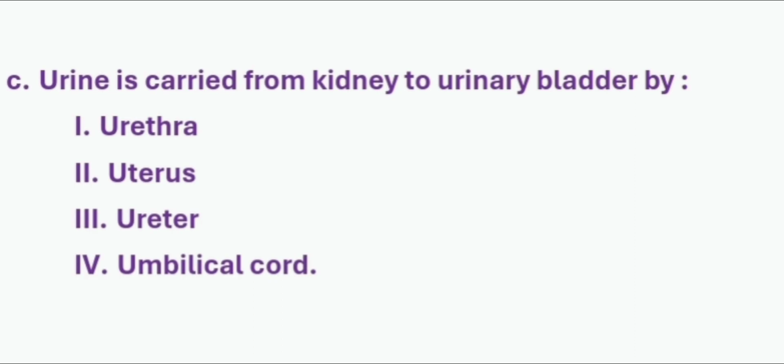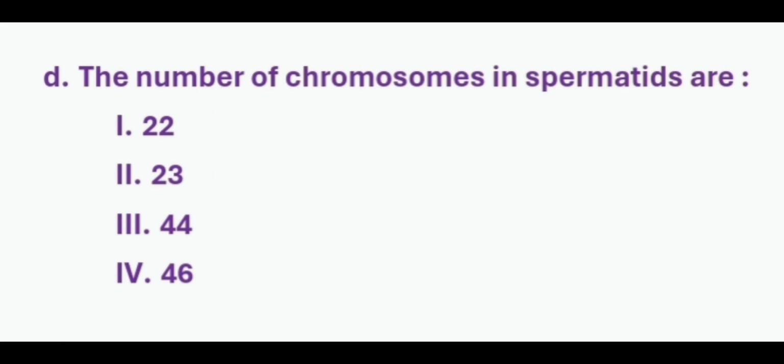Do not write only C with an option that you feel is correct. Like, urine is carried from the kidney to the urinary bladder by, whichever the option. In that case it was 3. So don't just write 3, put 3 and write ureter as well.